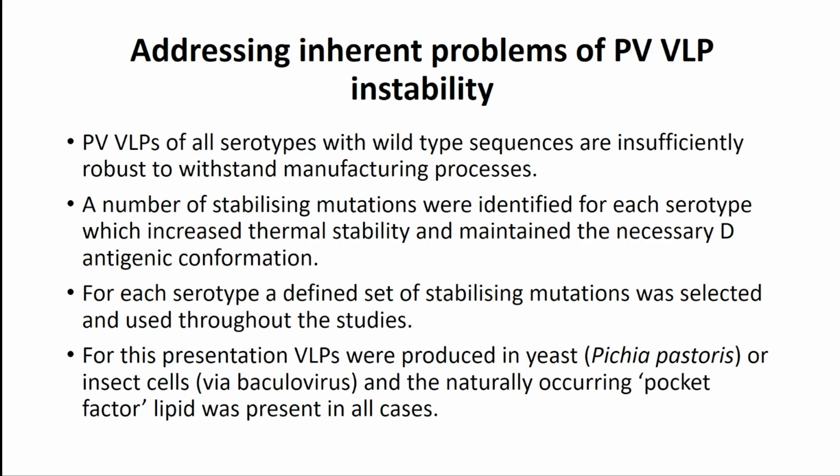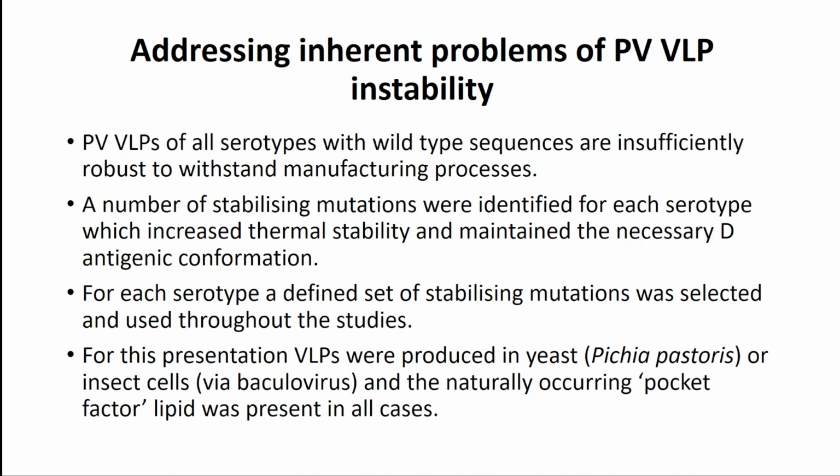Now, in principle, it's childishly simple. It's just make a VLP vaccine that replaces the IPV vaccine, but doesn't obviously contain any nucleic acid. And we've known for many years that the poliovirus and other enteroviruses produce empty capsids, which are antigenically indistinguishable from the virus and therefore potentially effective as vaccines.